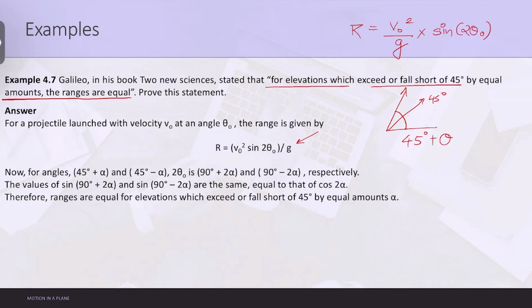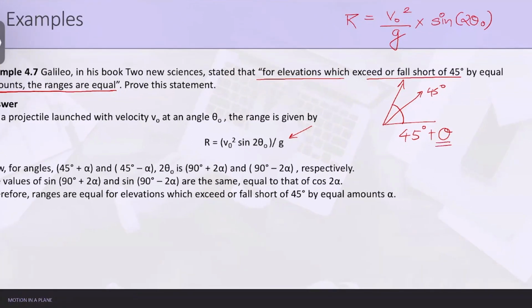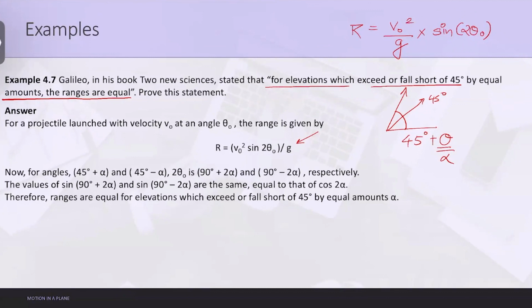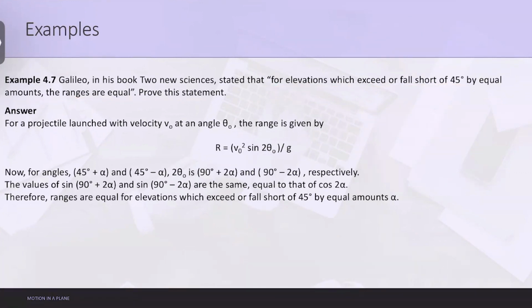They are just using this theta as alpha here. So this is basically alpha here. Similarly, if you are doing it somewhere downwards, what will be the angle of inclination this side? It is 45 degree minus alpha. So they are just saying that if theta naught is 45 degree plus alpha, 2 theta naught will be 90 degrees plus 2 alpha.